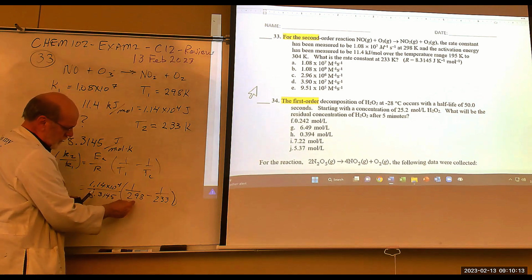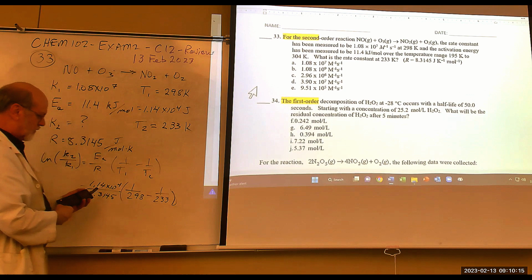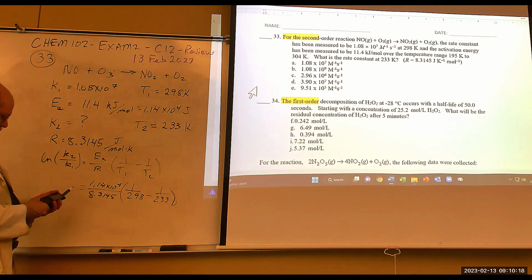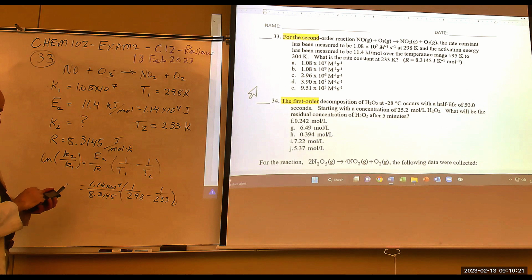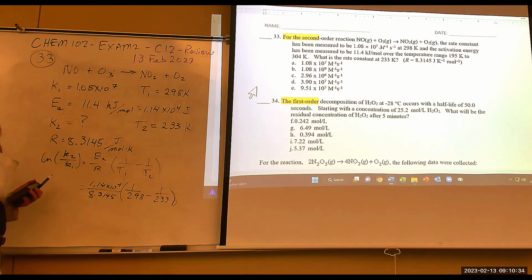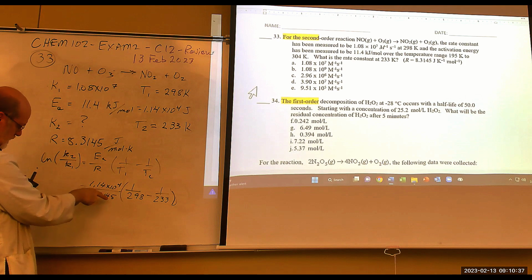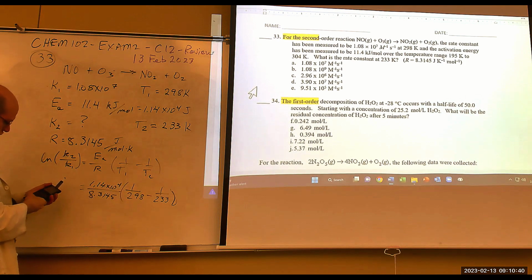I'm going to take the reciprocal of this one and subtract the reciprocal of that one first. So 298, find my reciprocal key, there it is. And then 233, and reciprocal that, and then subtract. Okay, get a value, a negative value actually. And then I'm going to take this one divided by that one and multiply what I got over here. 1.14 exponent 4, actually I can multiply it now, and then divide by 8.3145.